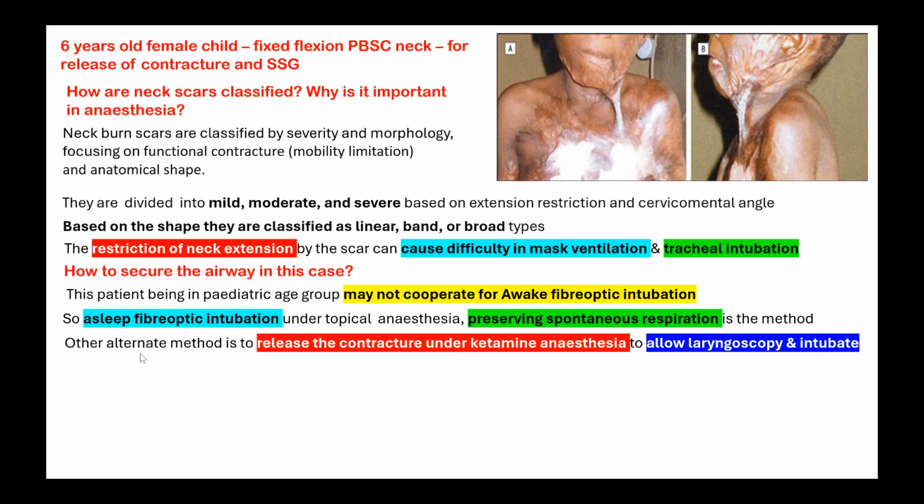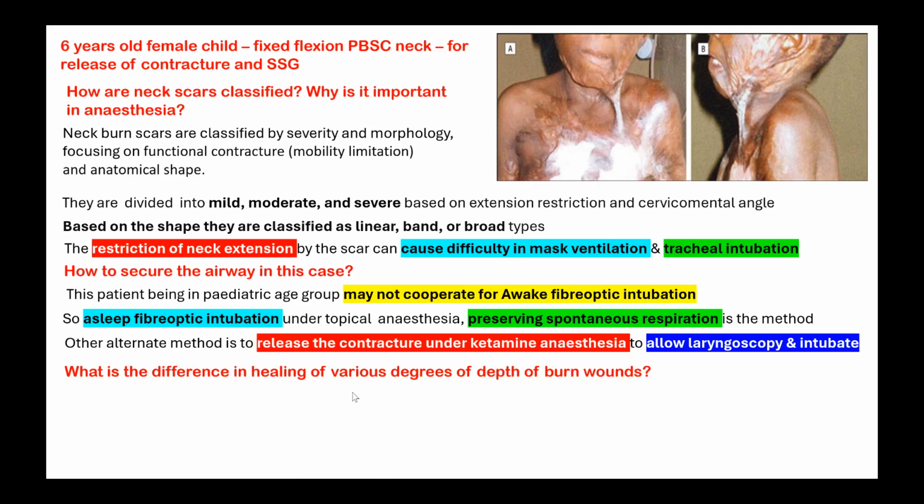This requires cooperation from the surgeon, and both of you should interact. We should do a fast release by a slit across the scar like this, and just allow the neck extension. Then you can go ahead with induction and intubation, or you can go ahead even paralyzing the patient and intubating, because the ketamine anesthesia will make the patient tolerate the procedure.